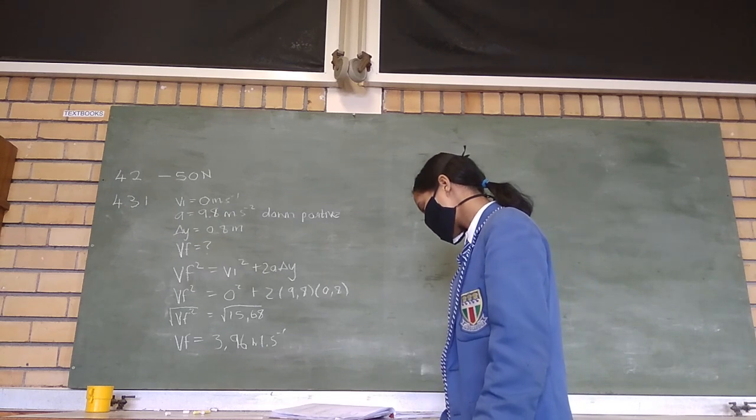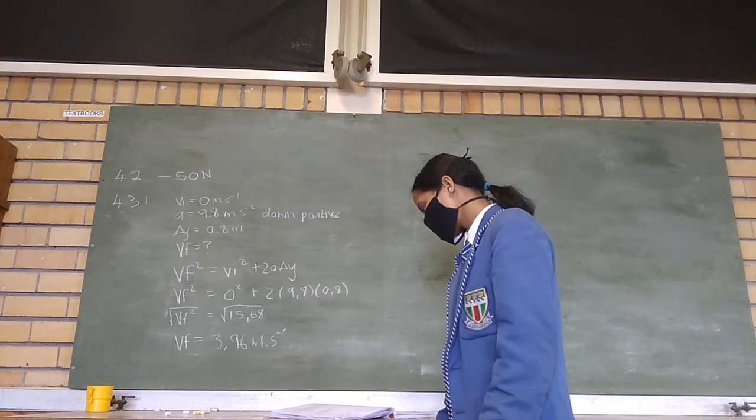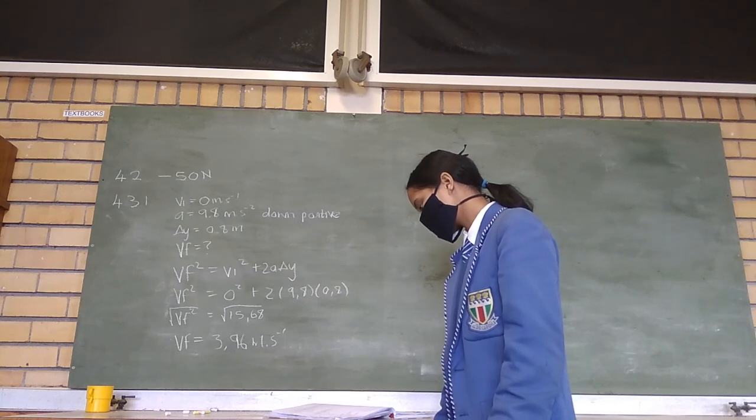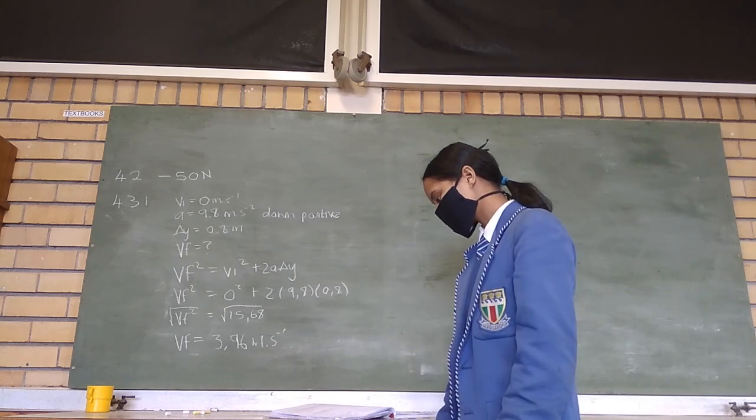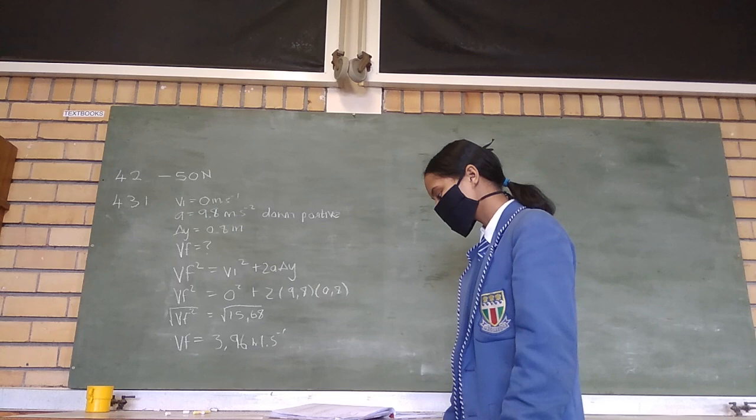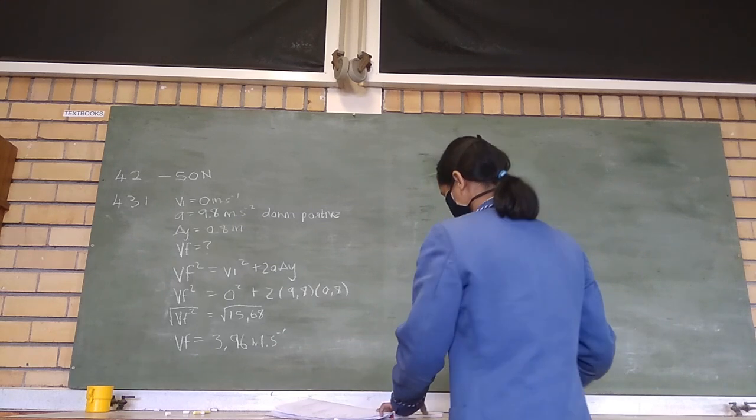So did you work out? Just show me how you did it. I want to see how you did it. I think I would have naturally just gone for change of momentum equals impulse equals force times time.